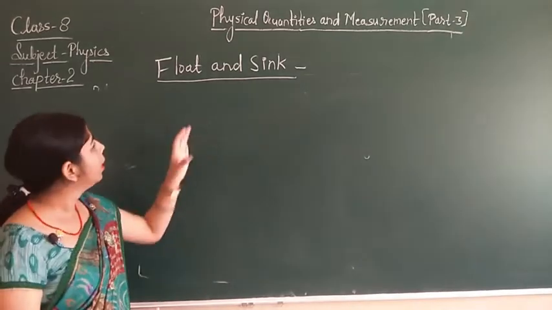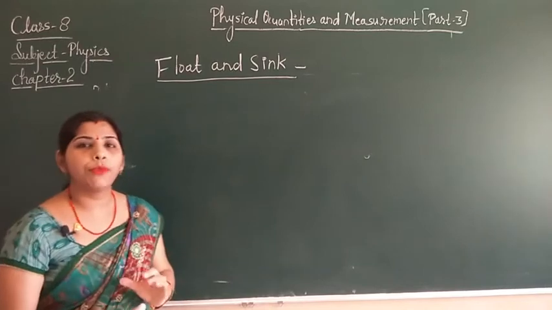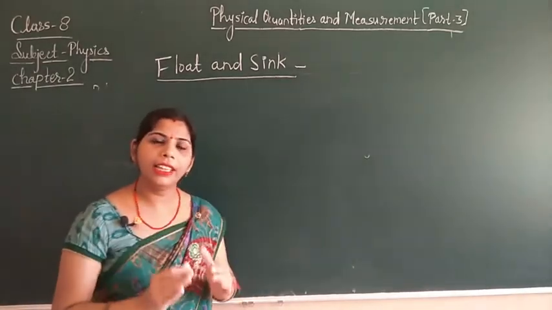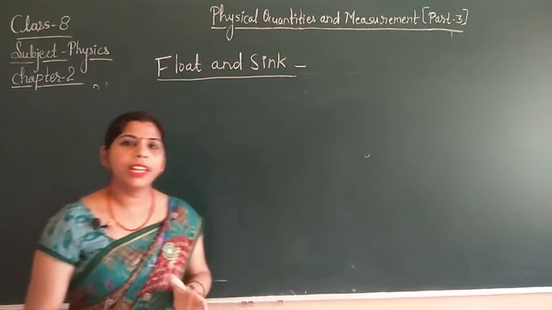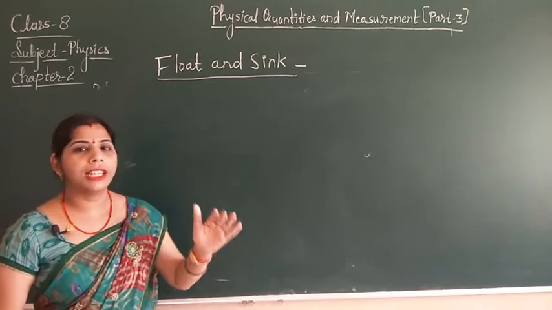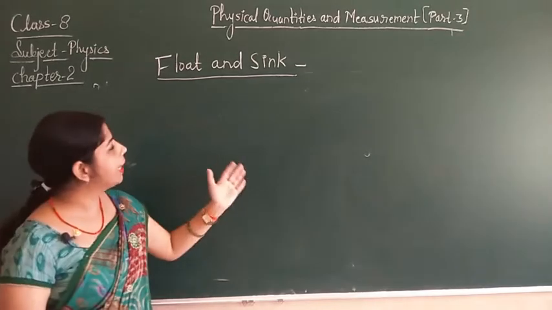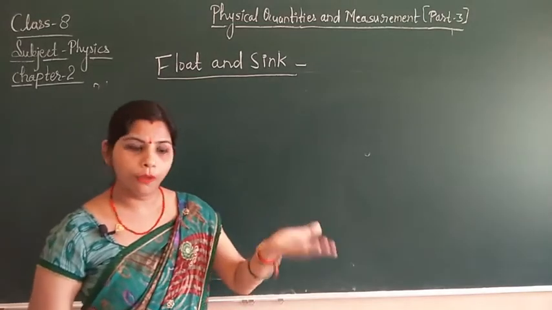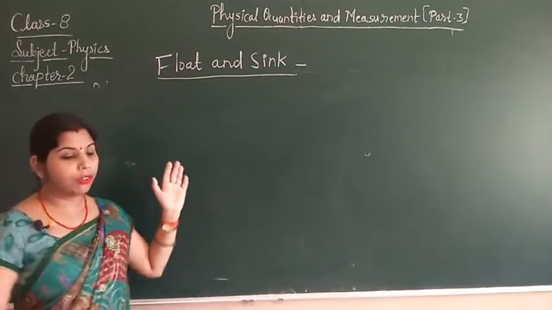Why does this happen? If the relative density of a substance is lower than that of water, that substance will float, and if the relative density of a substance is higher than that of water, that substance will sink.